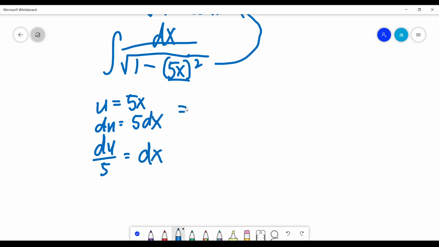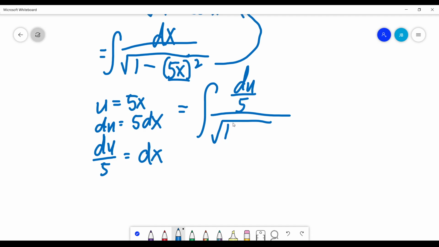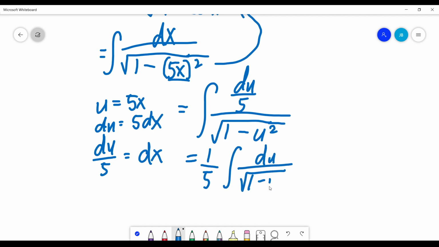If we make this in terms of u, now your dx would be du over 5 all over the square root of 1 minus your 5x, which is your u, then you have the exponent squared here. What will happen with du over 5? Ilalabas natin si 1/5. Then that's du over square root of 1 minus u squared.